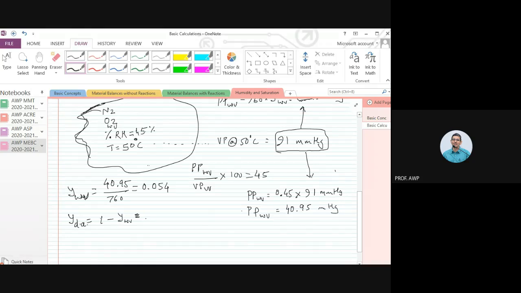Dry air can be anything: nitrogen, oxygen, helium, carbon dioxide, argon, methane, whatever else you want to consider. All of that is the dry air part, and 1 minus 0.054 gives 0.946.